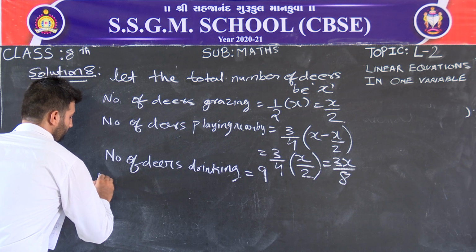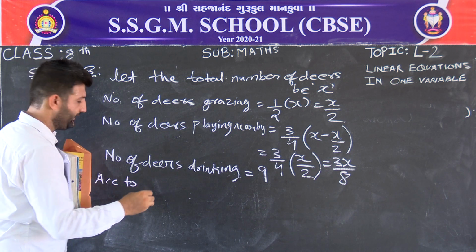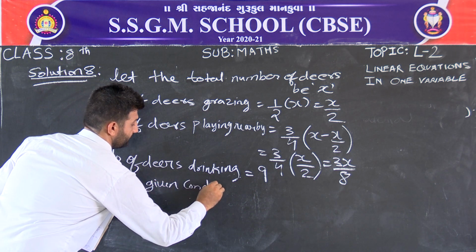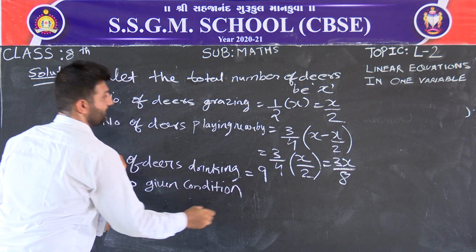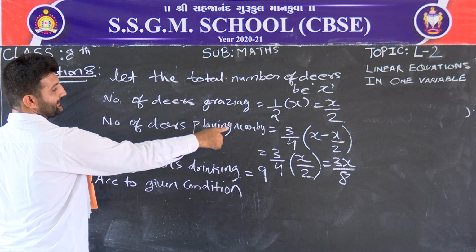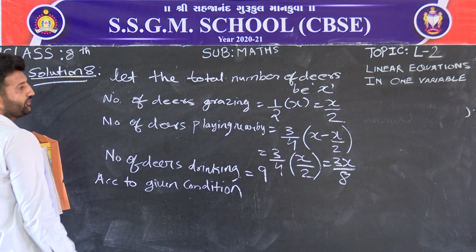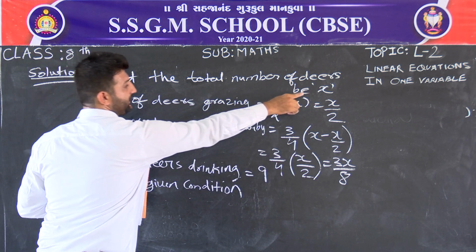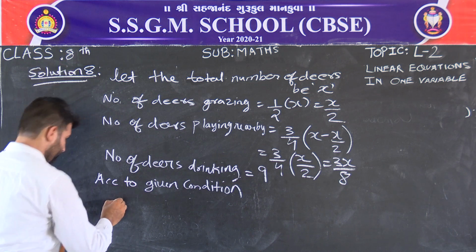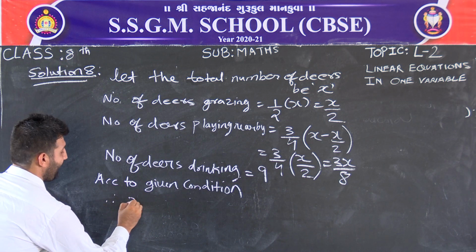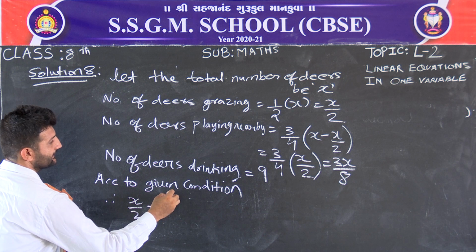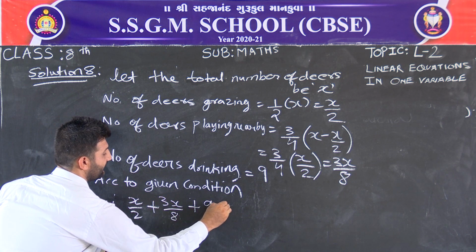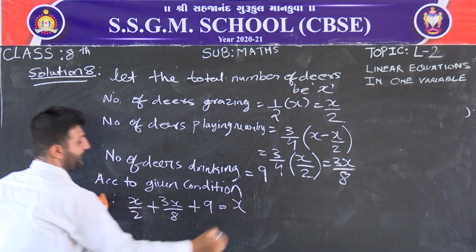So according to the given condition, the sum of grazing, playing and drinking should be equal to x, because we have taken the total number of deers to be x. Therefore x by 2 plus 3x by 8 plus 9 will be equal to x.